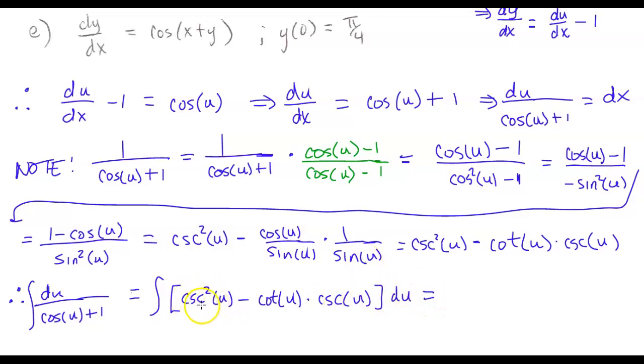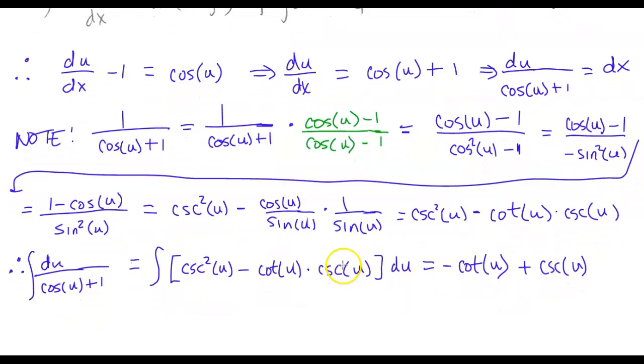And like I said before, the antiderivative of cosecant squared of u will be a minus cotangent, since the derivative of cotangent is minus cosecant squared. And then the antiderivative of negative cosecant cotangent is just going to be a positive cosecant of u.